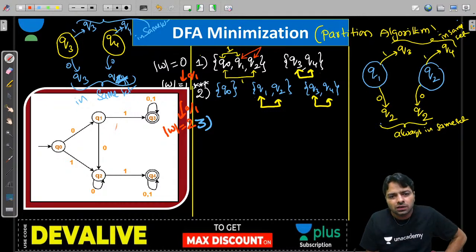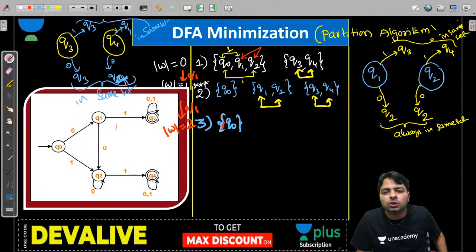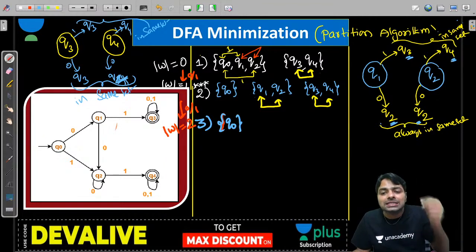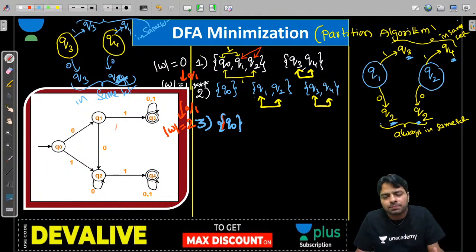Now guys, Q0 is the same, because it's one state, you can't compare it with anybody. Now Q1, Q2 compare. When you compare, look at Q3, Q4 and Q2, Q2. Q2, Q2, look at it in step 2. Q2 is in the same set, and Q3, Q4 are in the same set. So we have to keep them together.